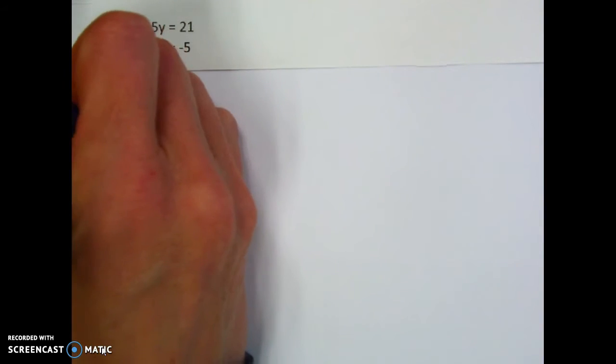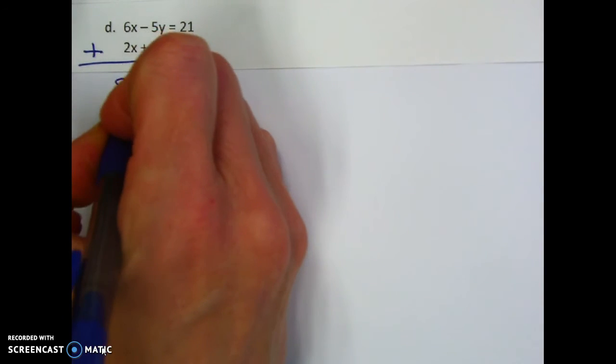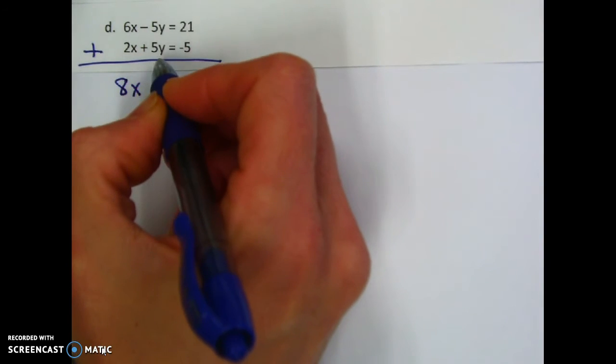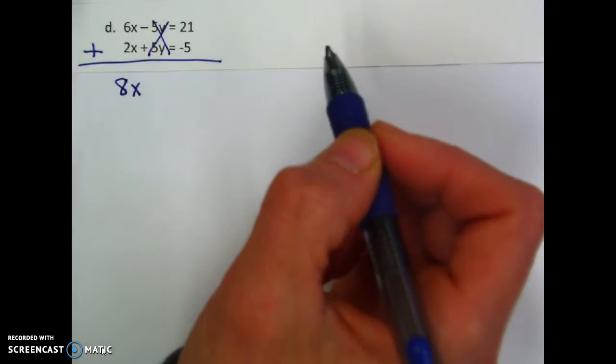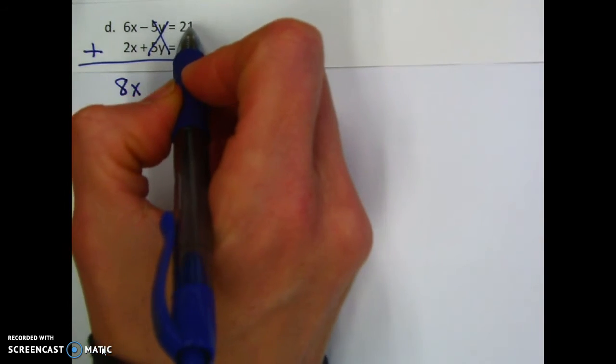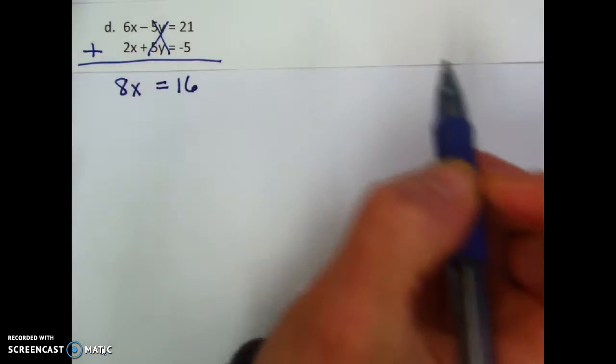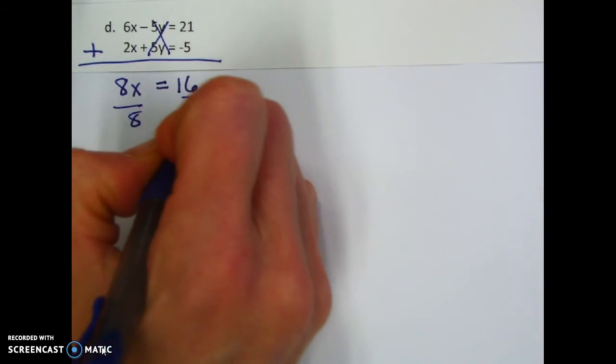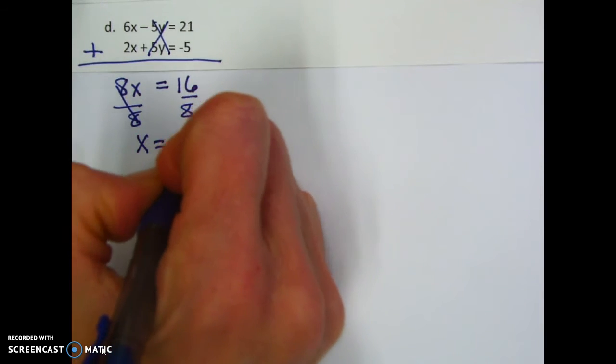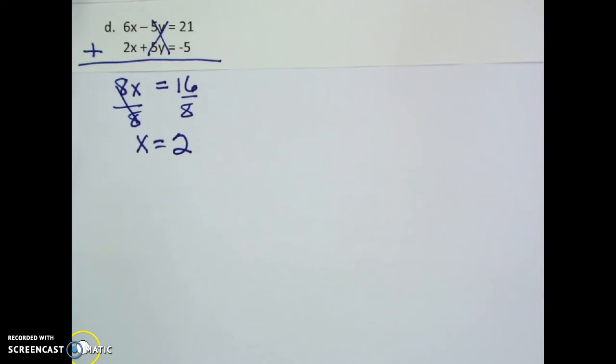So if we take these equations and we add them, 6x plus 2x is 8x, -5y plus 5y, 0, and +21 and -5 would be 16. Divide by 8, look how easy this is, and we get 2 for x.